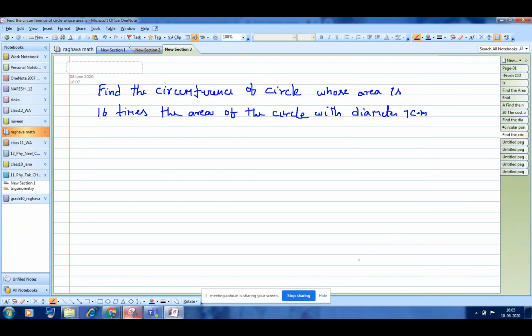Solve this question. Find the circumference of the circle whose area is 16 times the area of the circle with a diameter 7 centimeter. This is 7 centimeter.